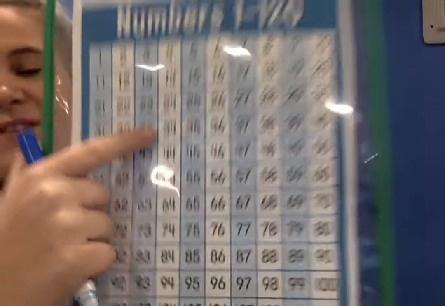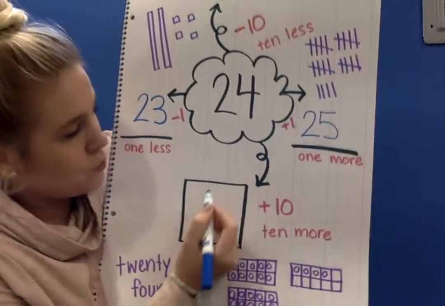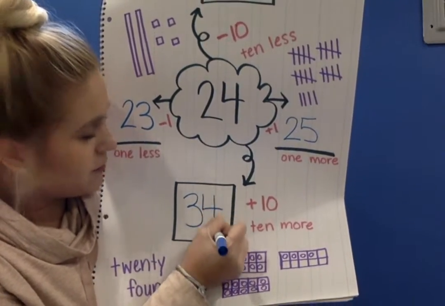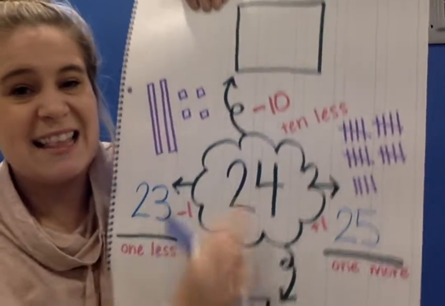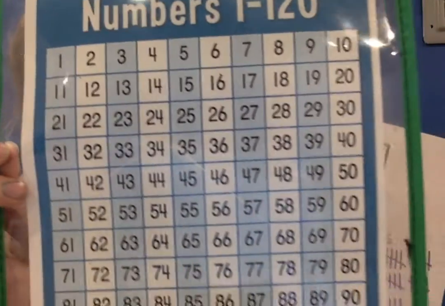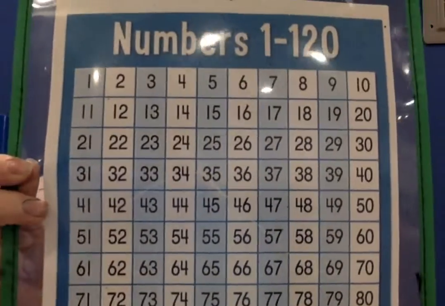34. Very good. Okay, so plus 10, 10 more is 34. Do you know what 10 less than 24 would be? Can you find 24?